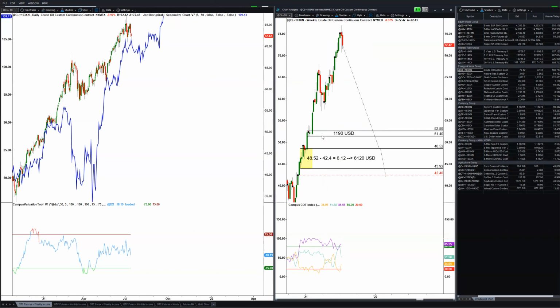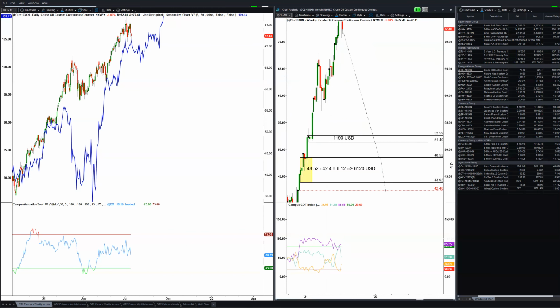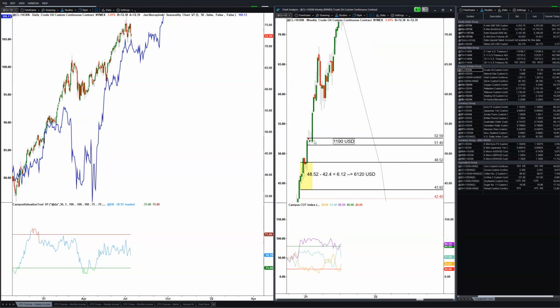So you're basically, if you want to trade crude oil, this contract. So basically, to summarize, if you want to trade this zone like we have drawn it out here with this crude oil contract, the normal contract, you have to take at least $1,200 risk on this particular trade, right?